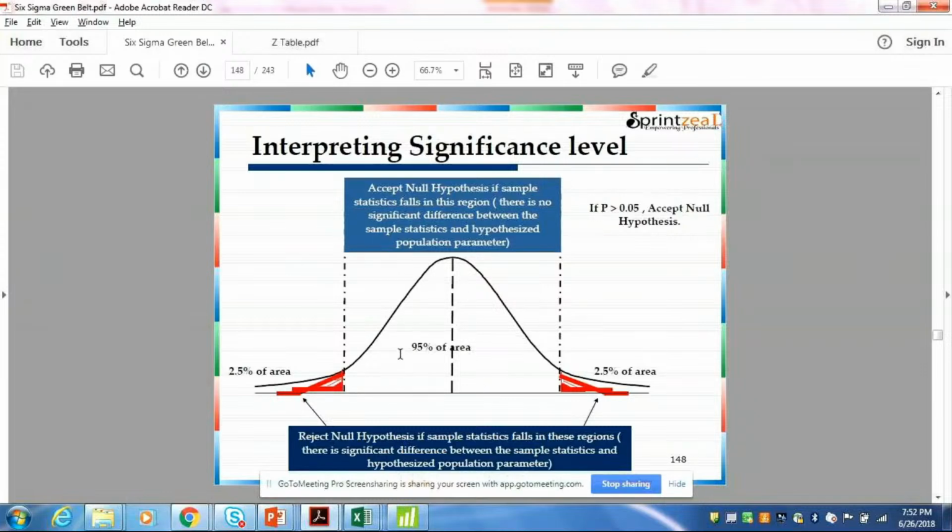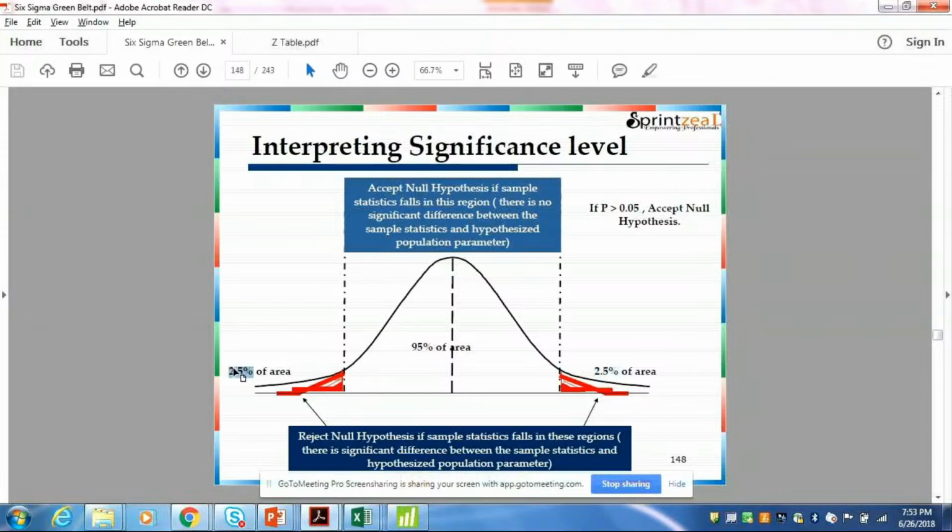If you look at the bell curve, there are various tests, one-sided test, two-sided test. 95% of the area of the bell curve is within this, and 5%, which is the 5% alpha, is outside this particular range. So if you divide it on both sides, it is 2.5% here, 2.5% here.